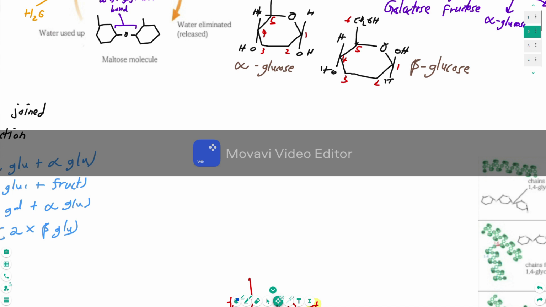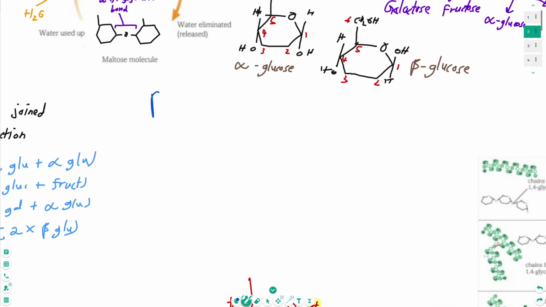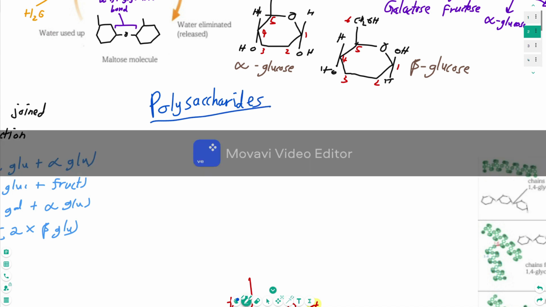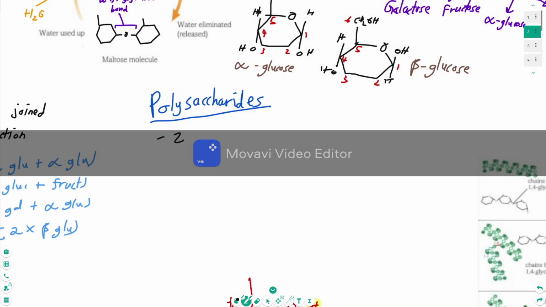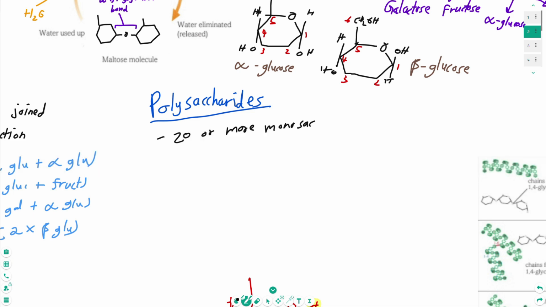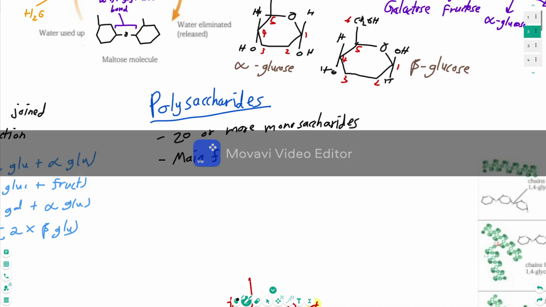Polysaccharides, we have some examples. So polysaccharides are made up of 20 or more monosaccharides, and they're mainly used as energy saccharides, and their main function is to store energy.